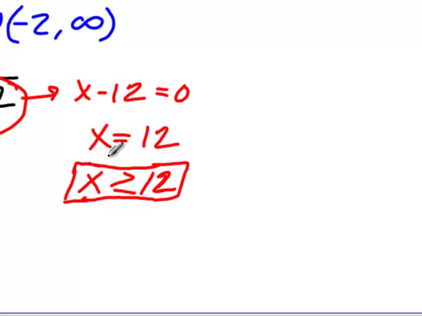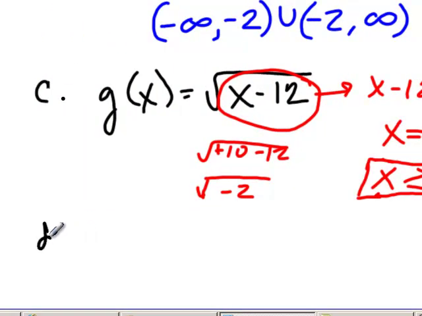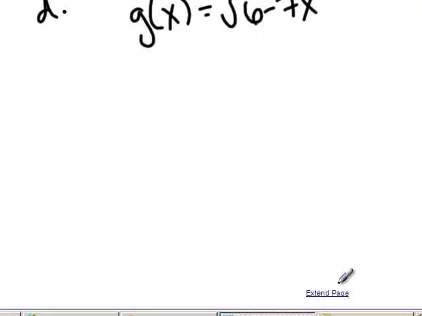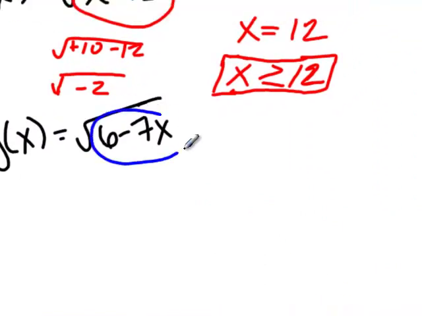Okay? Again, I'm going to give you guys a quick problem to try. So we've got D, and if we had g of x equals square root of 6 minus 7x, all you do here is set the inside equal to 0.